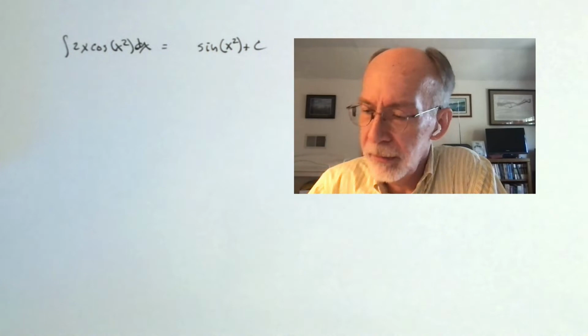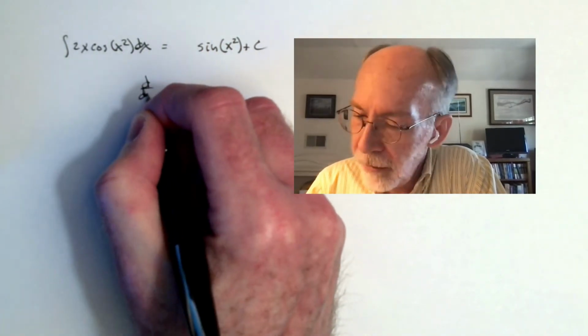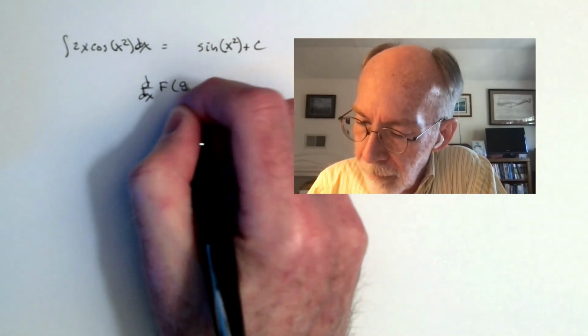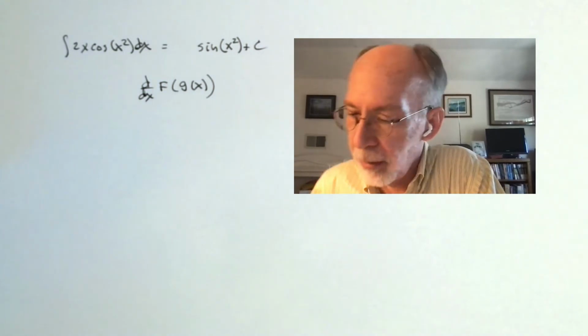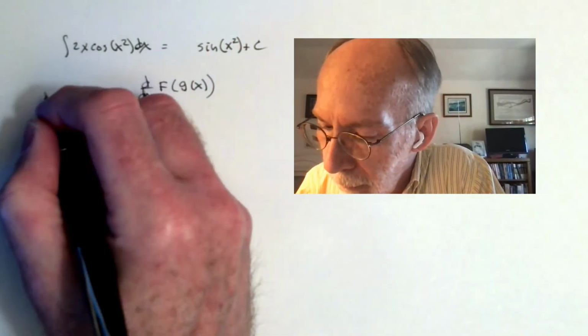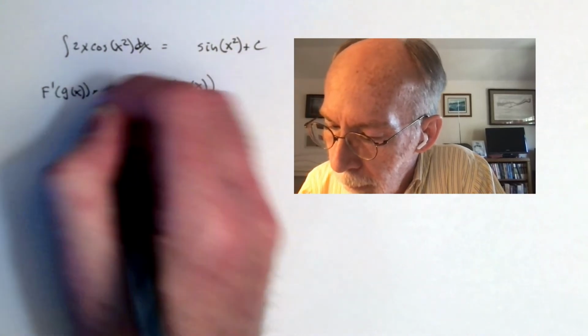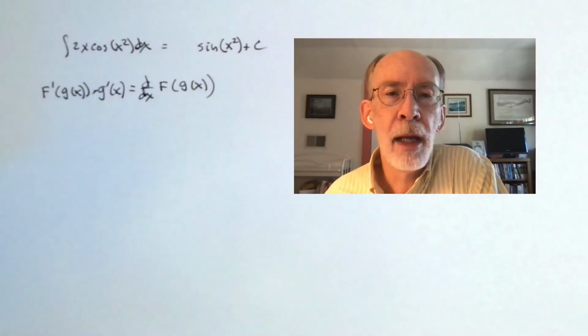So here's the idea behind this. If we differentiate f of g of x, chain rule says we get f prime of g of x times g prime of x. These are functions.